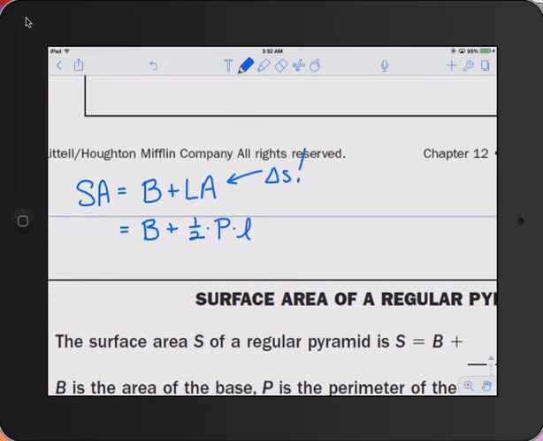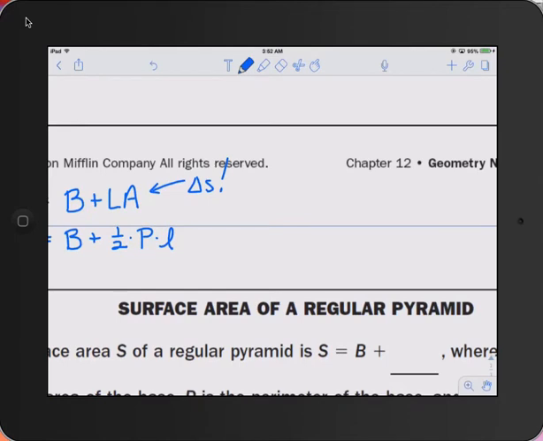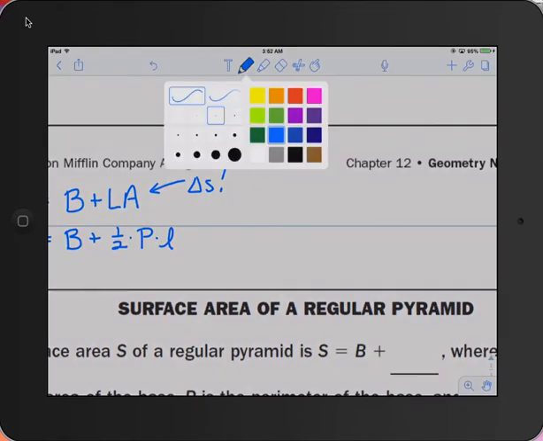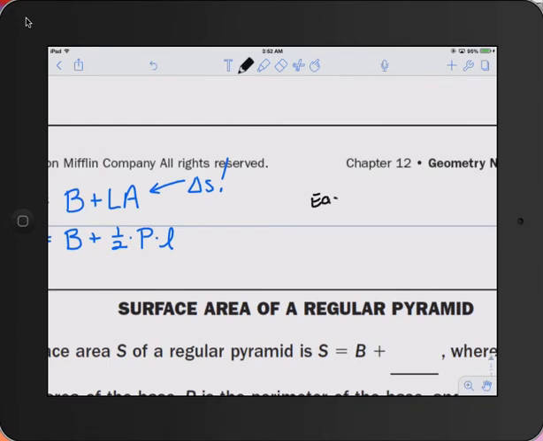Now, why does that work? So think about each triangular face. Each triangular face, the area would be 1/2 the base times the height. So 1/2 the base, and the height of the triangle is actually the slant height of the pyramid, right? The altitude of each triangular face is the slant height of the pyramid.